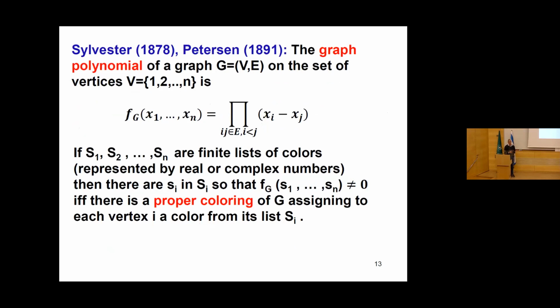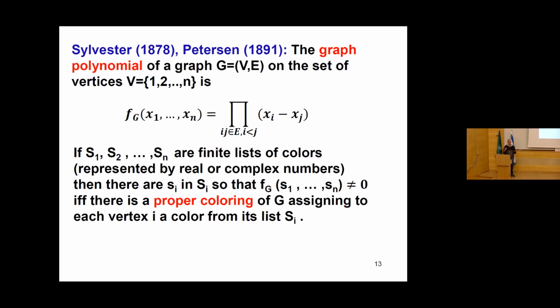Now we want to apply something to some polynomials, and here is the relevant polynomial. It was introduced by Sylvester and by Petersen in the 19th century. They were motivated by some questions in invariant theory. And actually, it's interesting to note that some of the terminology of graph theory came from things motivated by invariant theory.